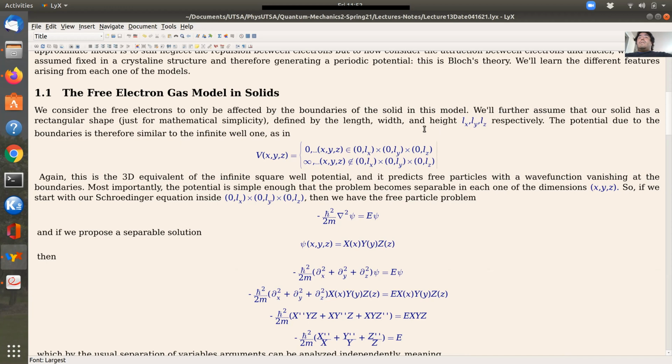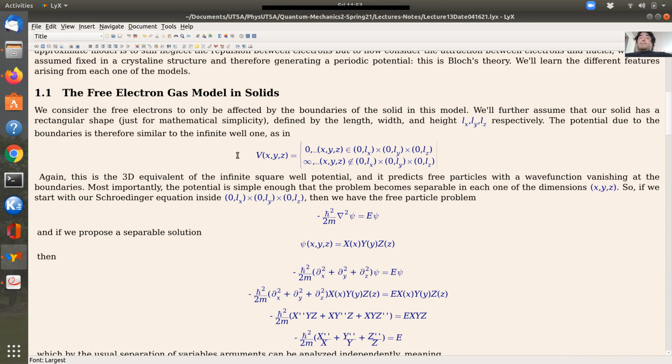So because the solid is rectangular, it has a length, width, and height, which are Lx, Ly, and Lz. And again, this is basically a 3D equivalent situation to the free particle inside a box, where you have an infinite potential at the boundaries.